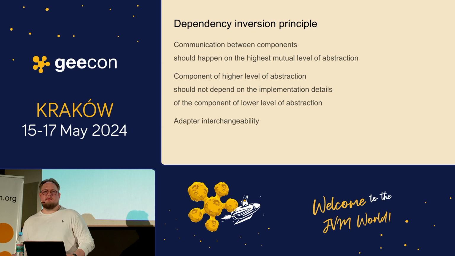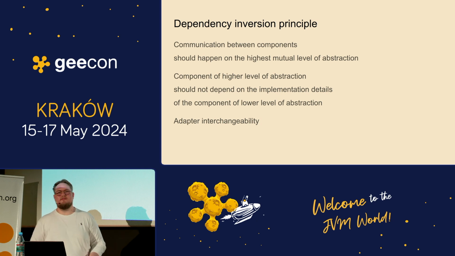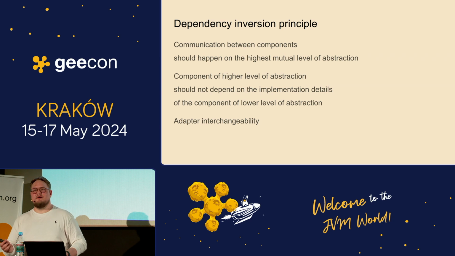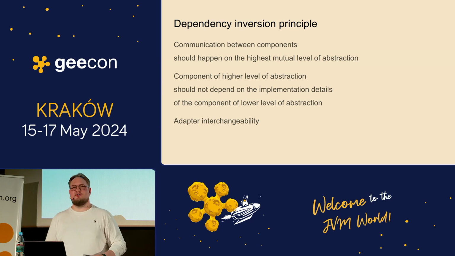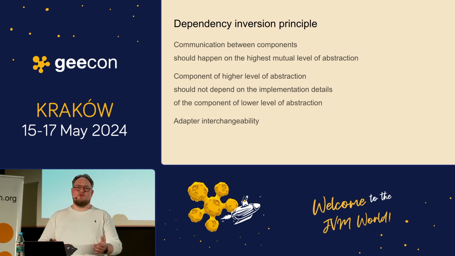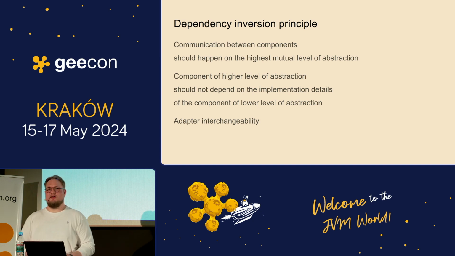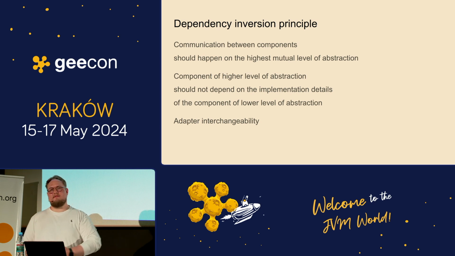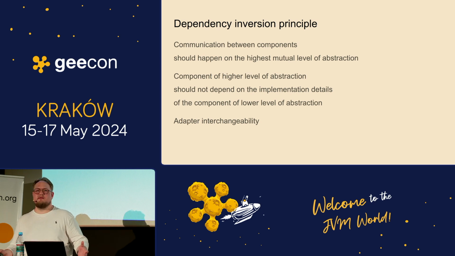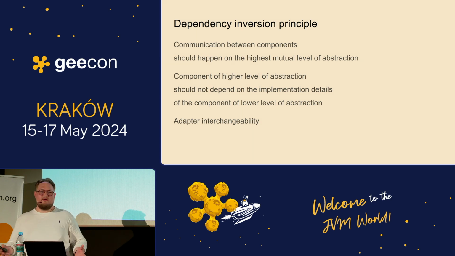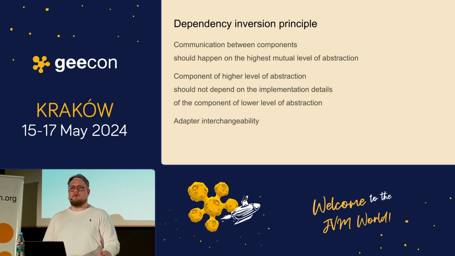Obviously, the haters of Hexagon will now say, "Oh, have you ever seen someone replace a SQL database with a NoSQL database?" I haven't, but yeah, let's not go into it. It can still be useful if you're not doing these huge changes, right? It can be useful just for tests, for example. If you have a hexagon, the boundaries of the hexagon can serve you very well to define boundaries for your unit tests.